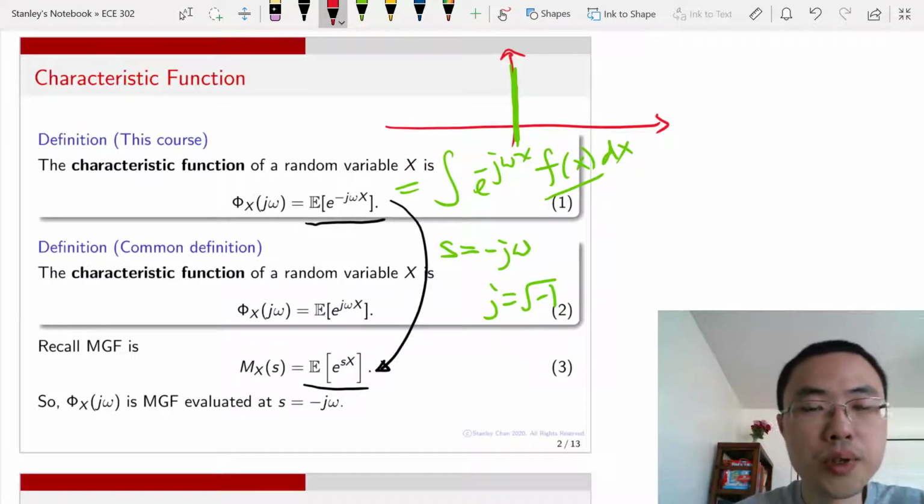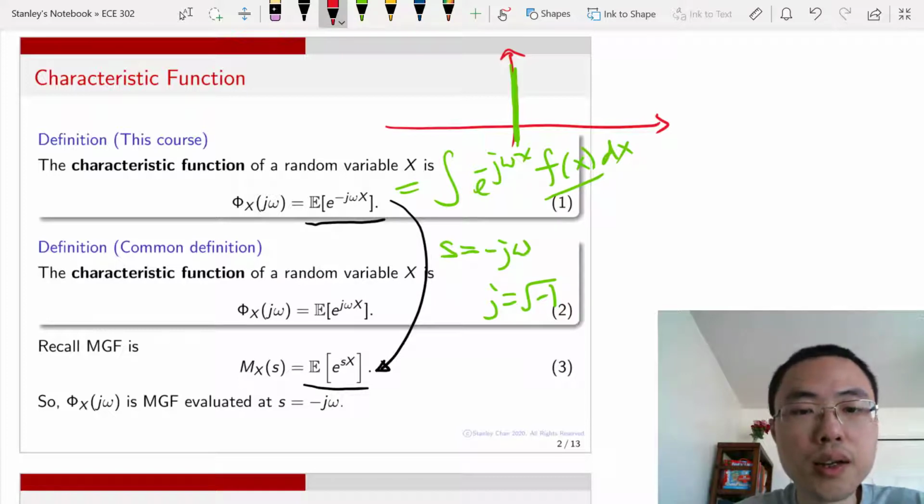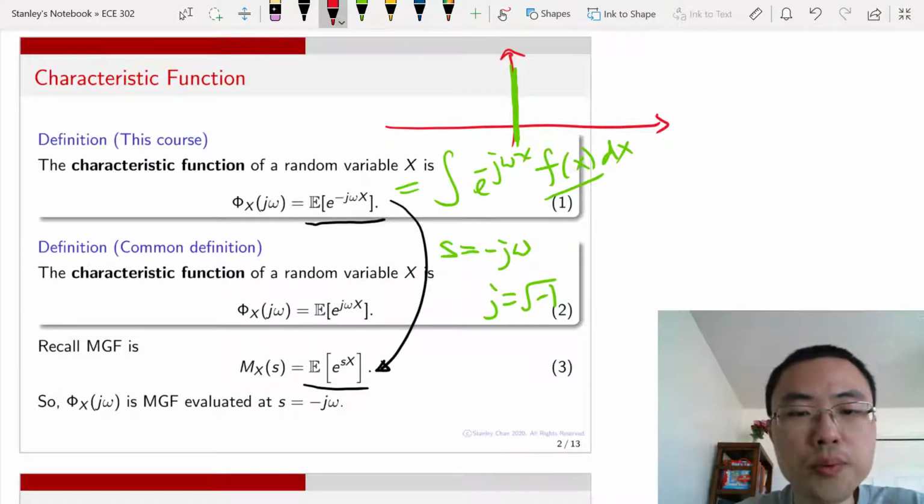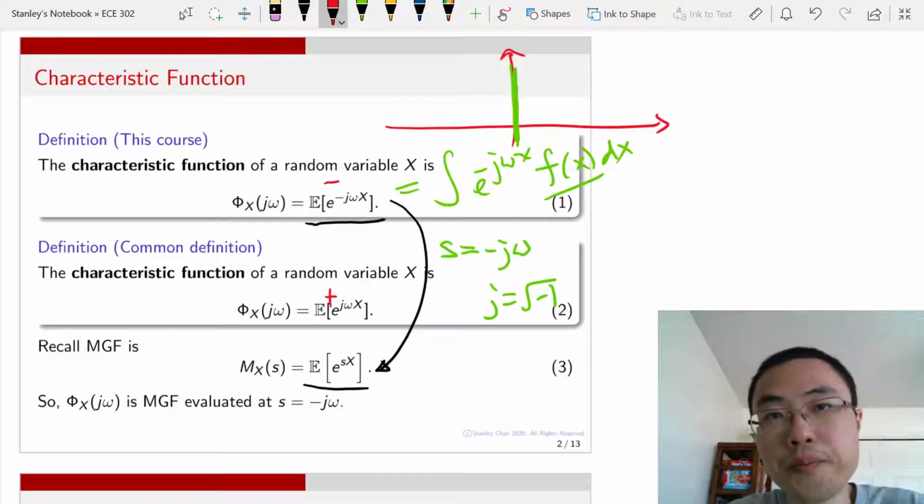If you go to the library and grab a textbook on probability, it is very likely that you will see another definition of the characteristic function. In those textbooks, people define the characteristic function with a plus sign instead of a minus sign.